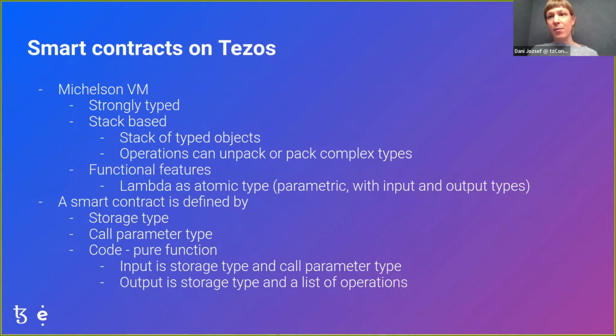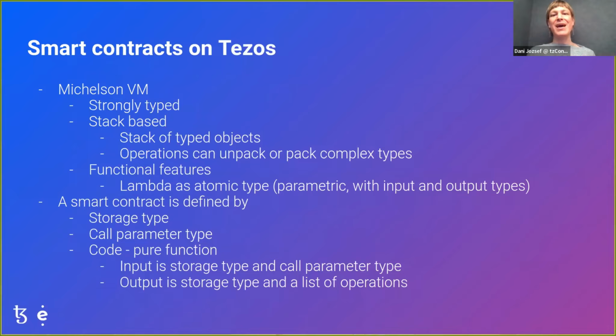And there are operations in the Michelson language that can unpack or pack complex types. So for example, take the left half or take the right half of a tree and operations like that. Michelson also has functional features. So lambdas are an atomic type. Of course, it's a parametric type because it's a strongly typed language.